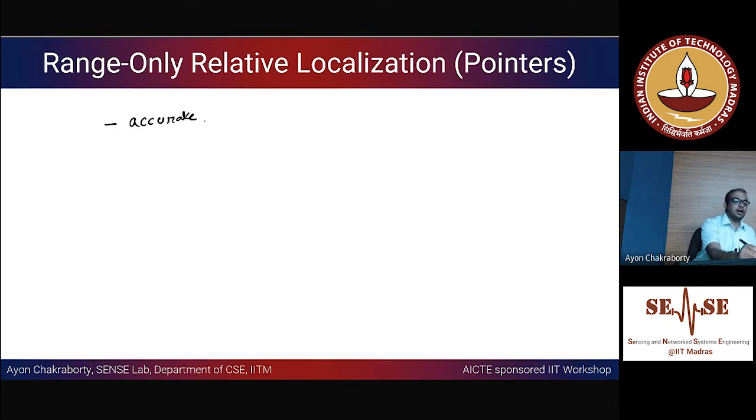I would say relative localization, because let us not bring in the absolute localization in this context. So relative localization needs to be accurate, and the responsiveness, or the latency, has to be minimal.